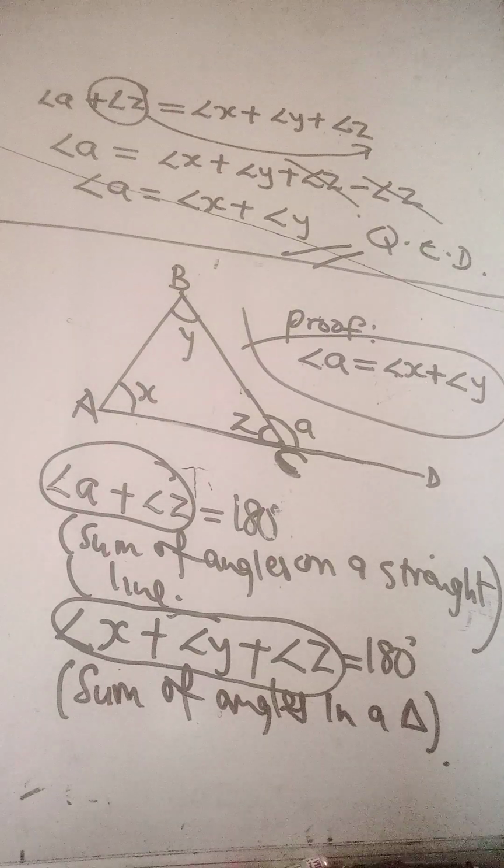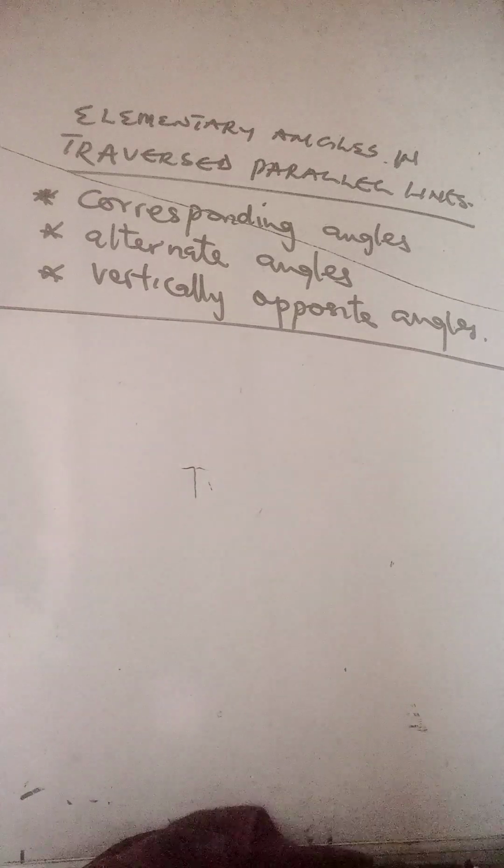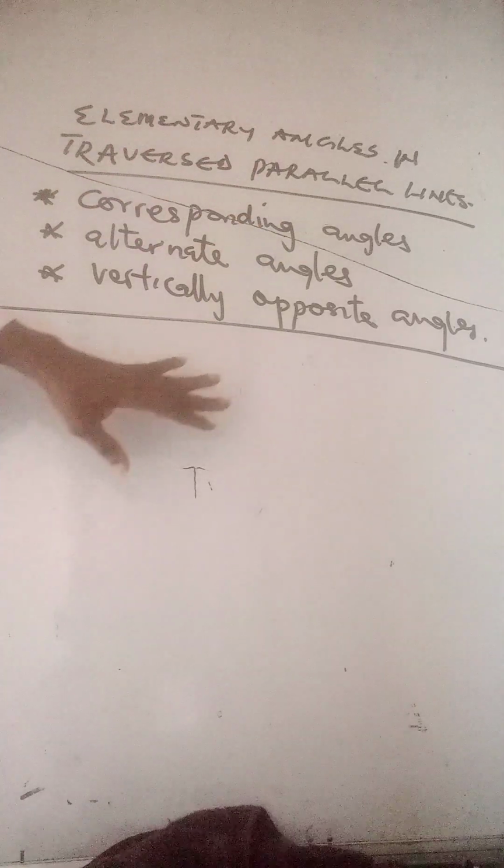That is about that. Now, I want us to share some knowledge on elementary angles in traversed parallel lines. You will understand what I mean by traversed parallel lines later.